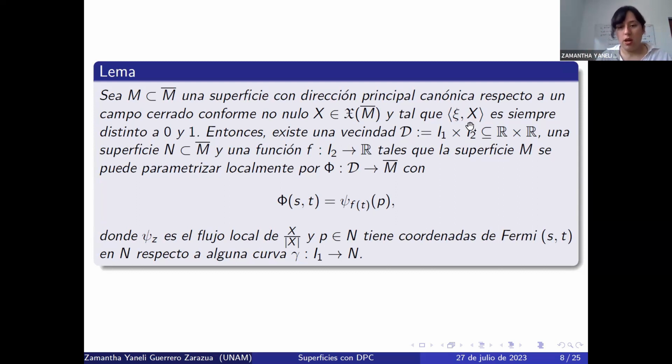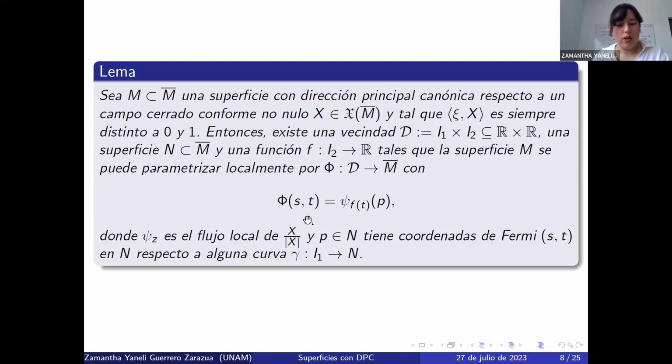I'm not going to be repeating it, but that's just going to be that way. And we see that there exists a neighborhood around which we can parameterize the surface in this form right here.